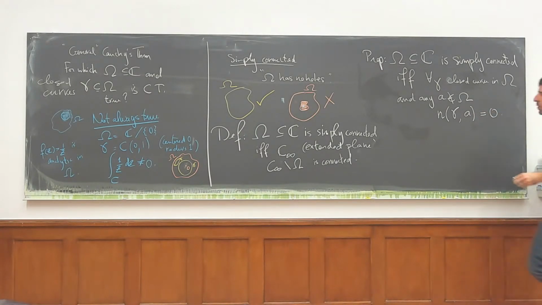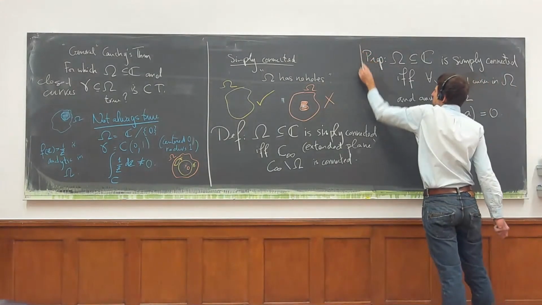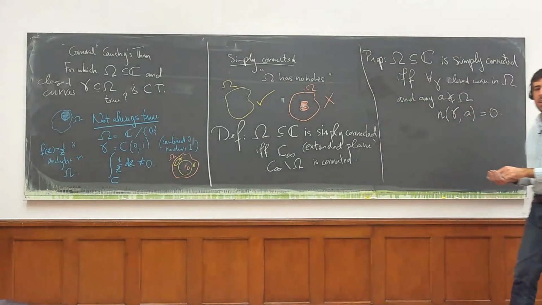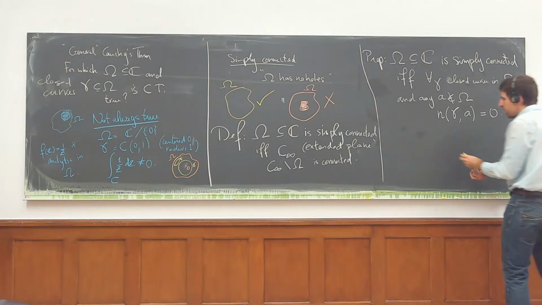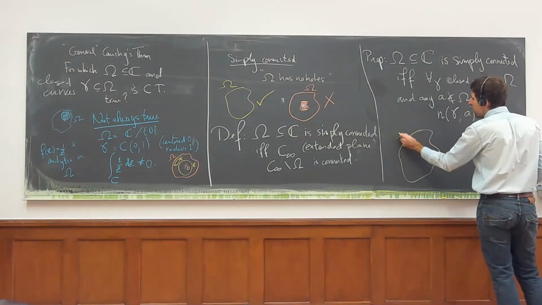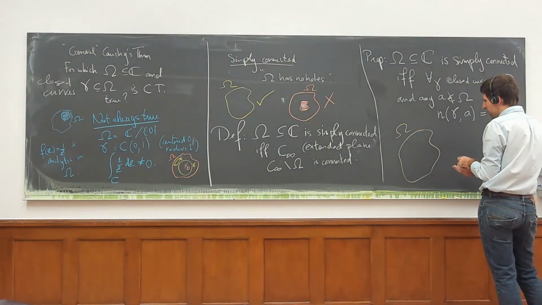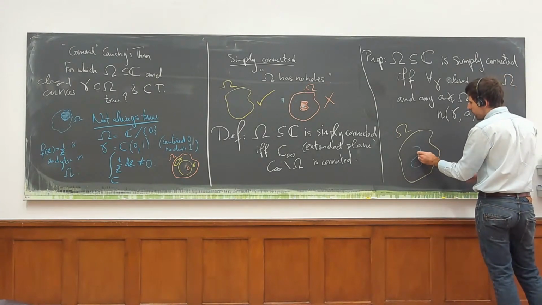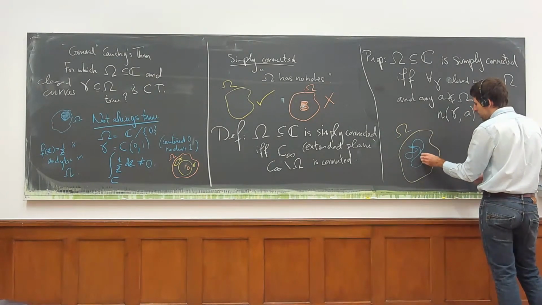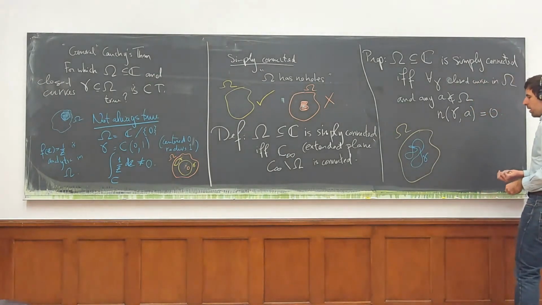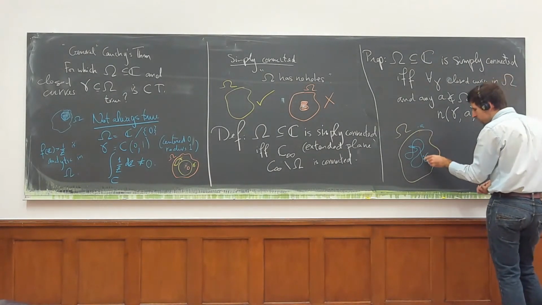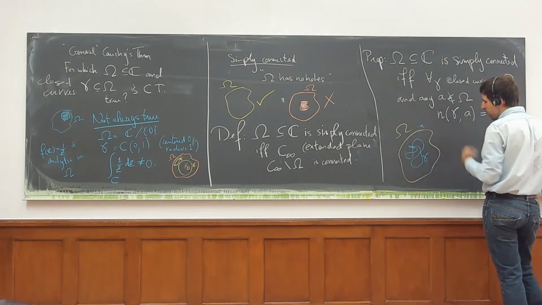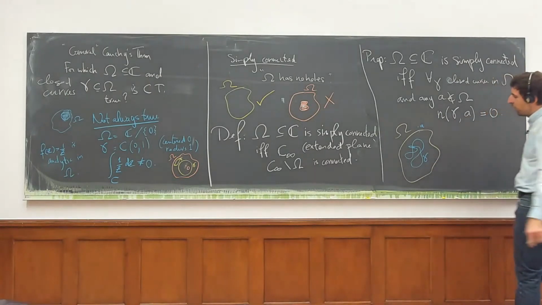This feels like a lot better of a definition, right? It's this idea that any point outside of any curve, so let me again draw omega. Any curve inside omega, doesn't matter what it does, I should make it look continuous. Any curve gamma, and any point a outside of omega, gamma never loops around a.